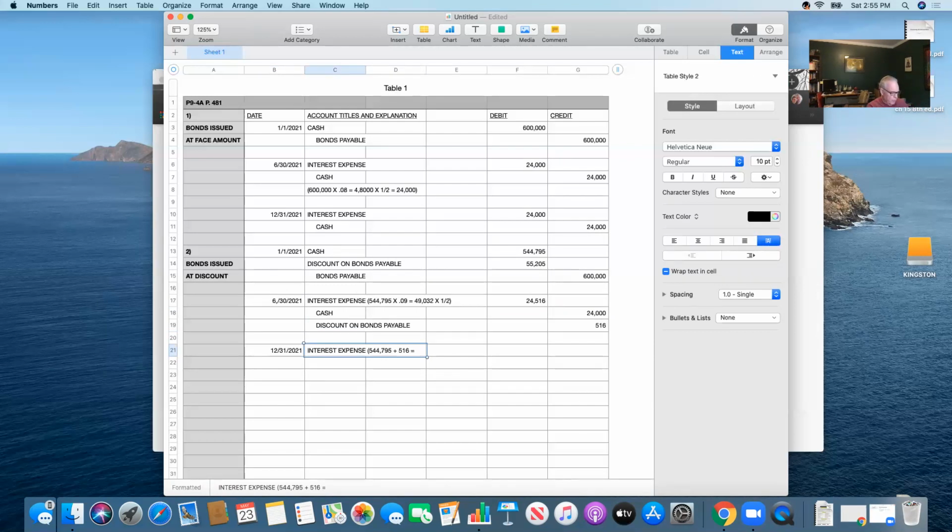So 544,795 plus 516 is 545,311. That's the new carrying value times 0.09 times 1/2. Which comes out to 24,539 rounded.